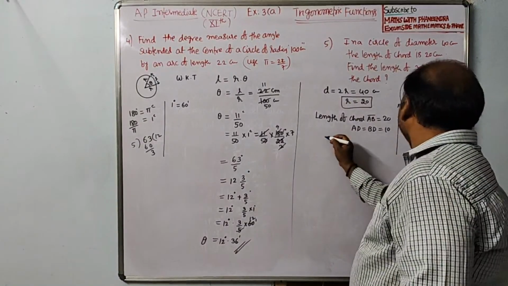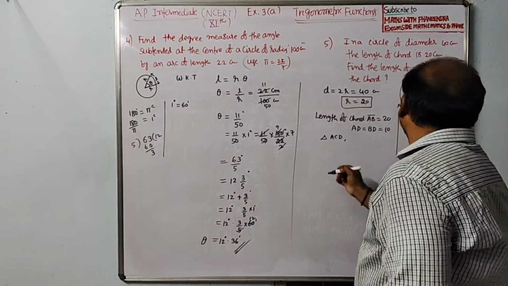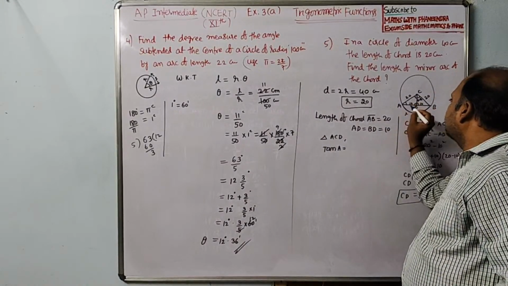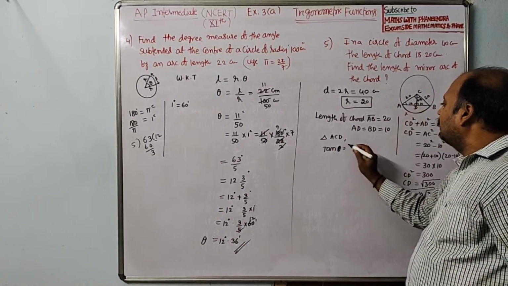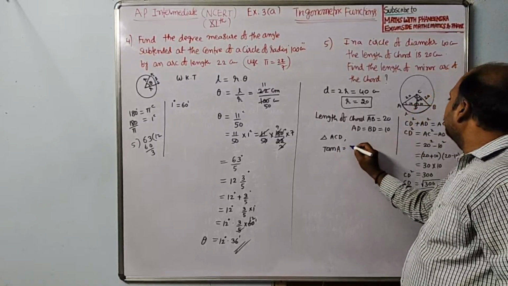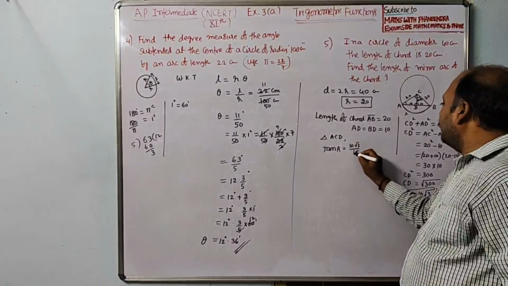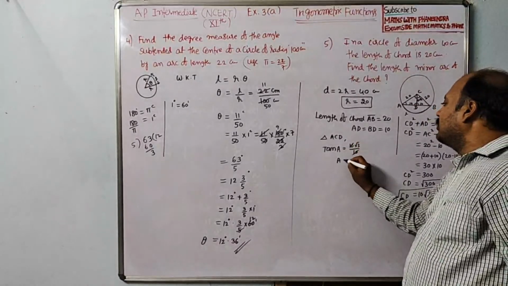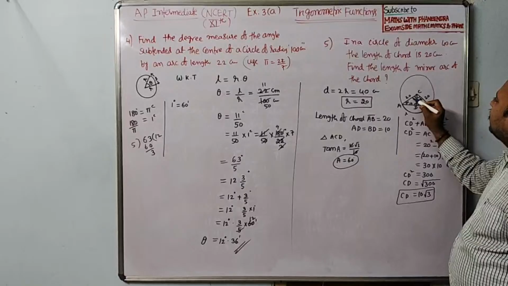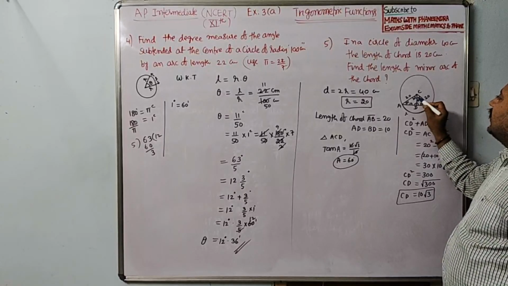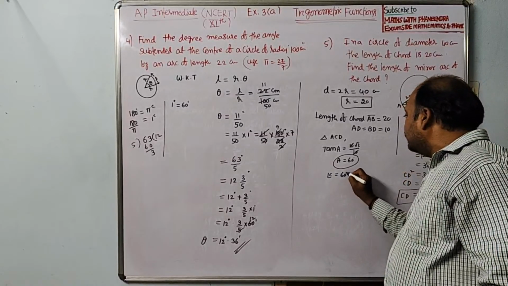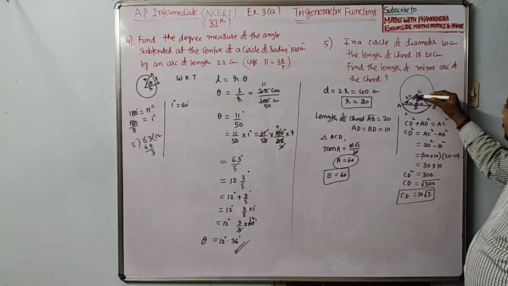From triangle ACD, tan A is equal to 10 root 3 divided by 10. Tan A is root 3, so A is equal to 60. So here 90, here 60 degrees, here 30 degrees. So here 30, here 30. Therefore, angle C is equal to 60 degrees.